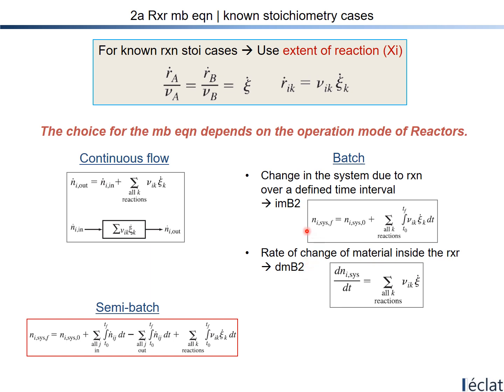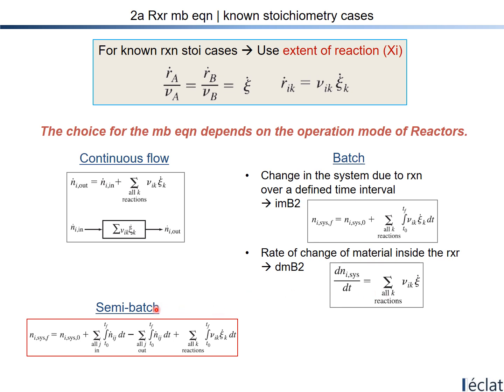In the batch mode, accumulation is there, so this accumulation can be described by final minus initial is equal to no input minus no output plus generation term. Or in the differential form of mole balance equations, the accumulation is dn/dt for the system, equal to no input minus no output plus generation term.